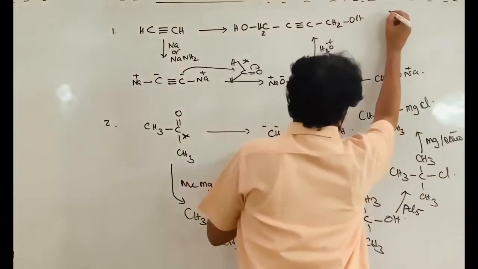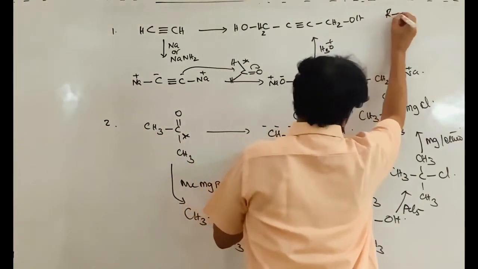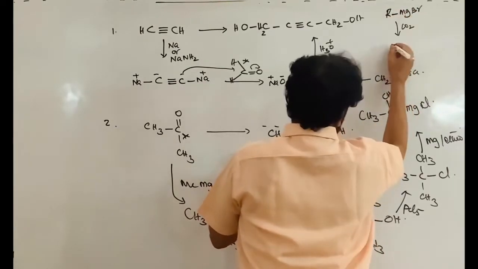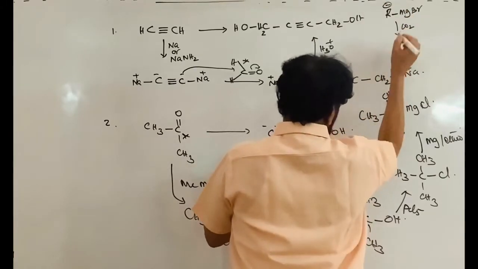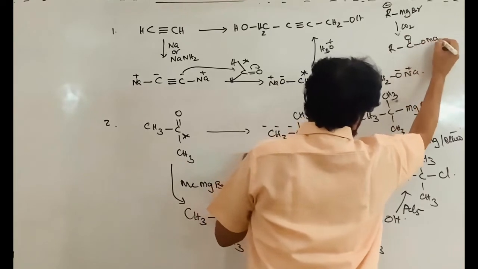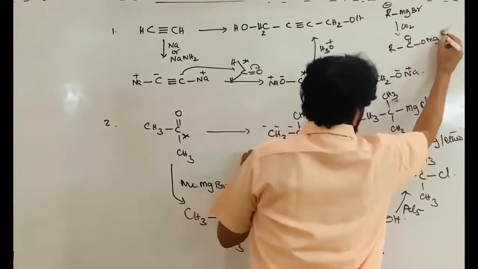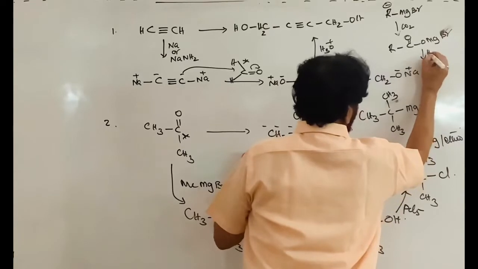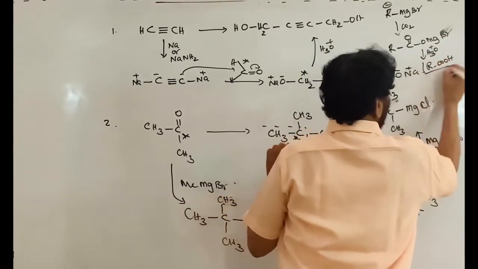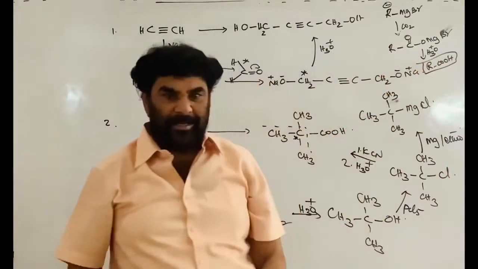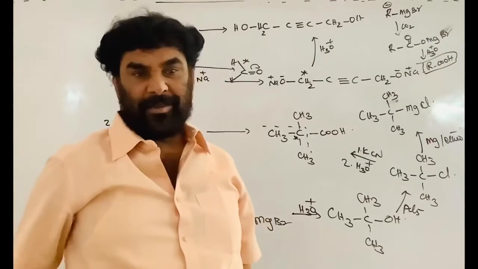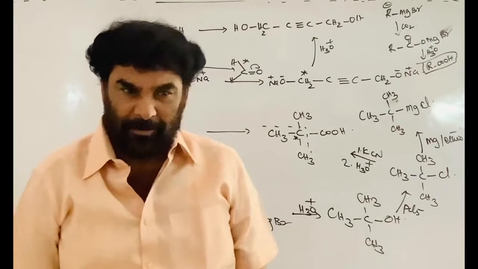See, the route is: Grignard reagent treated with carbon dioxide. R minus attacks on the electrophilic part. This is the MgBr. On hydrolysis this gives RCOOH. That is, starting from the Grignard reagent we can prepare the carboxylic acid containing one carbon atom more.